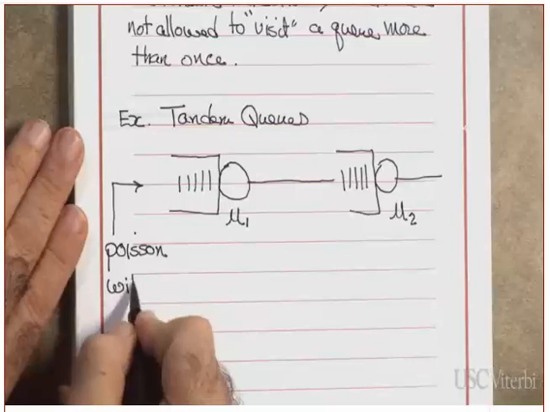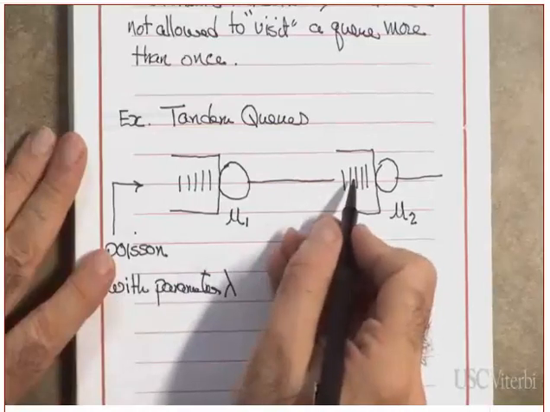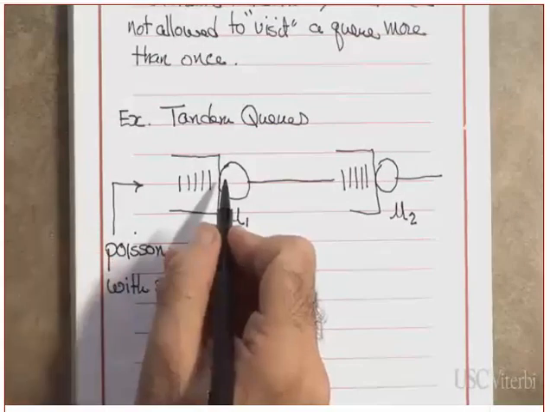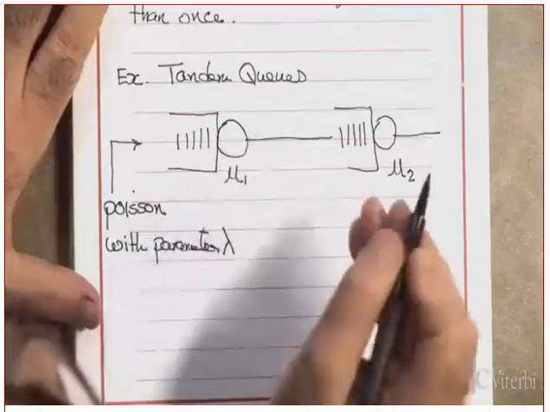Okay. Concentrate right now. Single server case. So we have a single server here, a single server here. Okay. This is an M/M/1 queue. Do we agree? The first queue. Why?